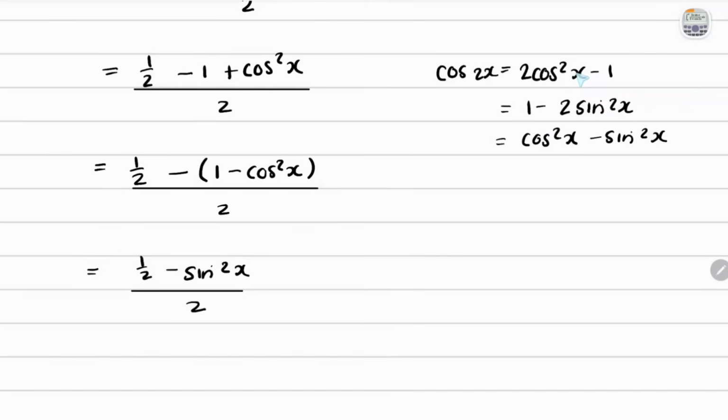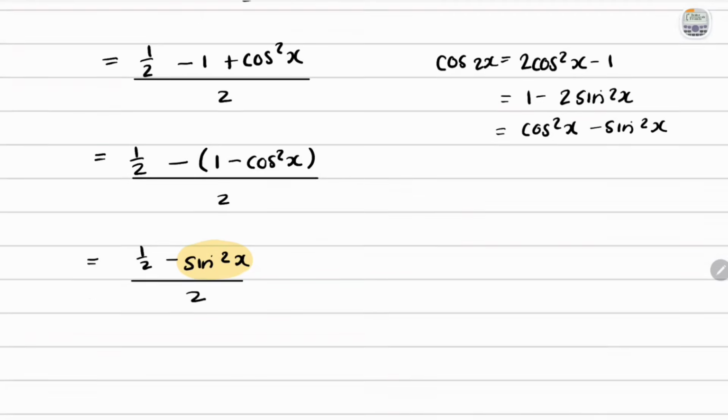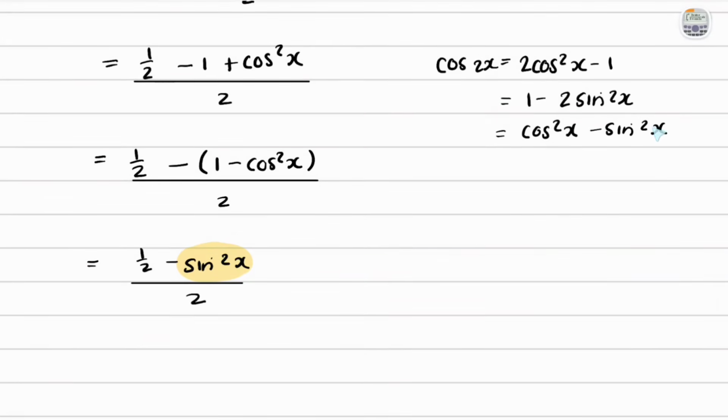So these are the identities for cos 2x, right? That's what cos 2x is equal to. But you see that here, the variable that we have is sine squared x. So you're going to have to choose one that has sine squared x. So that means you can either choose this one or this one. And honestly, this one looks easier to use because it's just cos squared x minus sine squared x.